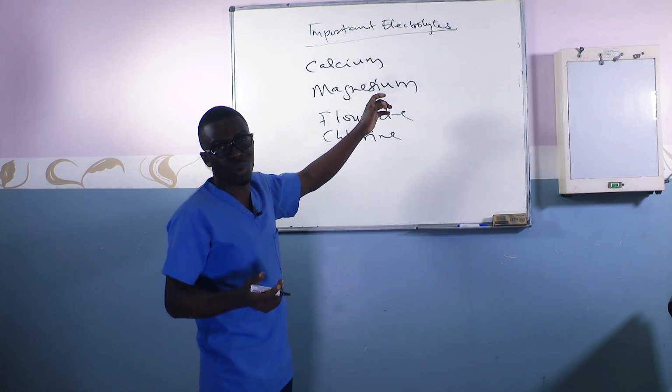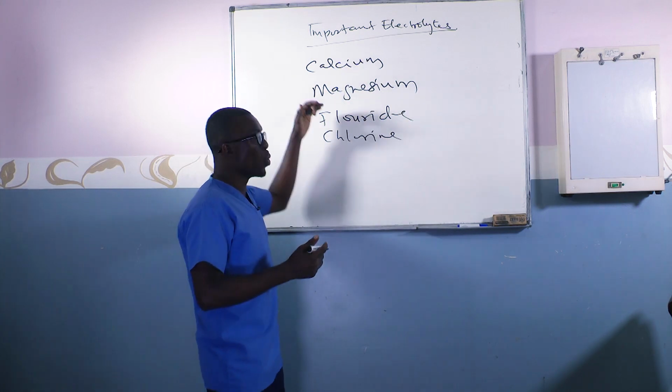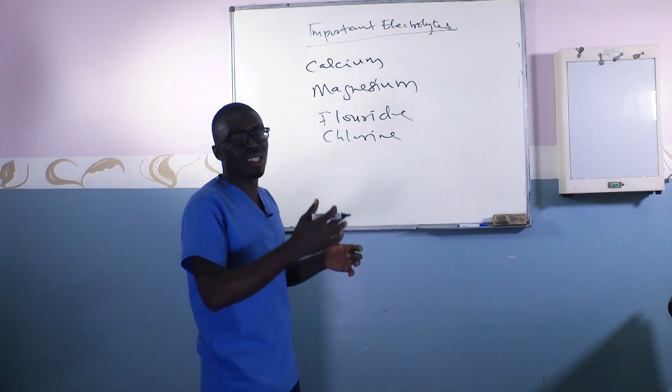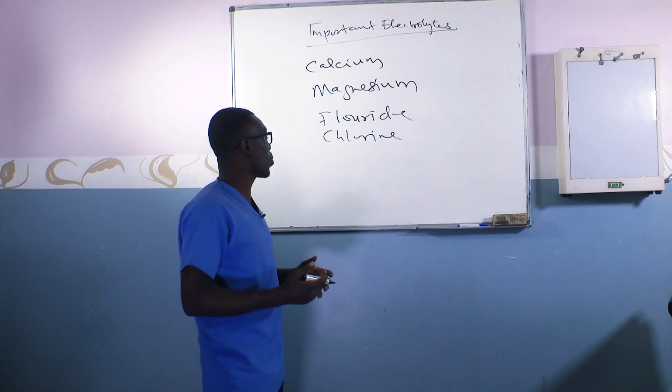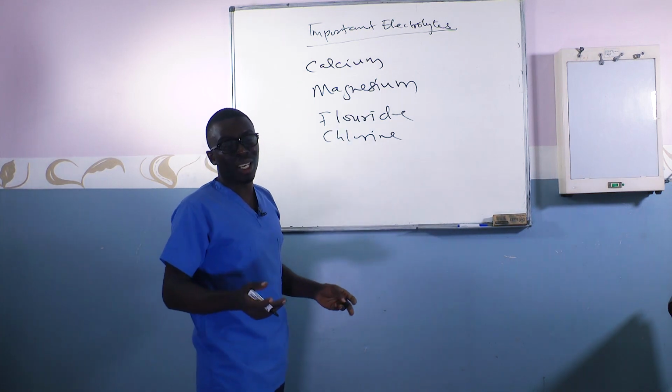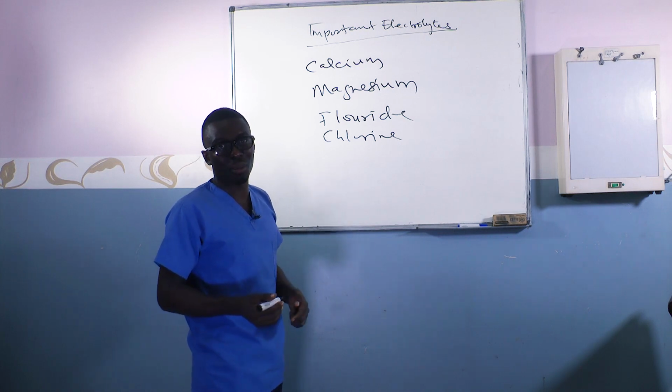Those are the most important ones. Then when there's a low level of it, how do we call it? When there's a high level of it, the condition that is developed, how do we call it? As well as the functions of those electrolytes. Basically, those are the things that you should know about them.